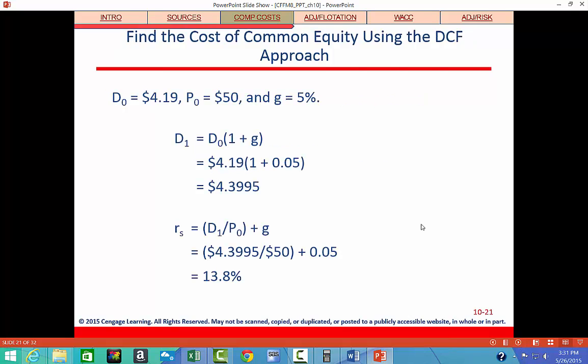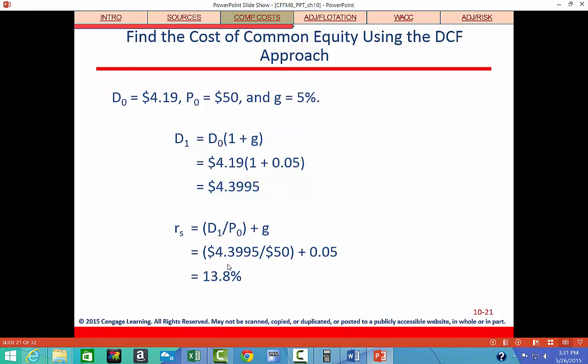The second estimate is found using the discounted cash flow approach, and so they gave us some information here for D0, price, and the growth rate. Since we only have D0 and we need D1 in the equation, we need to solve for D1, and that's just take D0, $4.19, times 1 plus the growth rate.